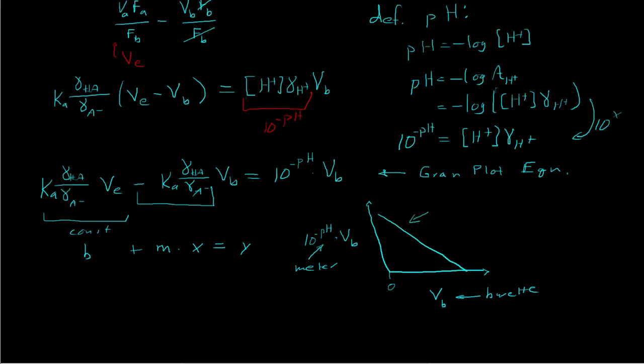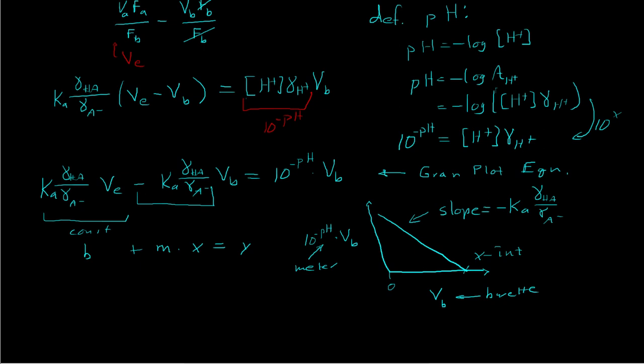The straight line will have a slope, right? The slope is the m part, and the slope is going to be equal to negative Ka times gamma HA over gamma A minus. And then this point right here, that's our x-intercept, where the line intersects the x-axis.